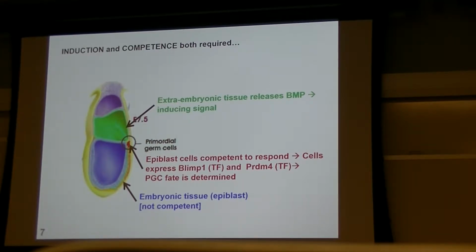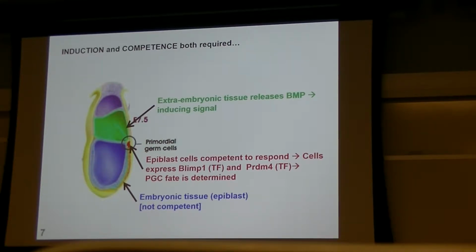What we see is that these extra-embryonic cells start releasing BMP, which is bone morphogenetic protein. That's one of the TGF-beta family members. We haven't talked about it in too much detail.